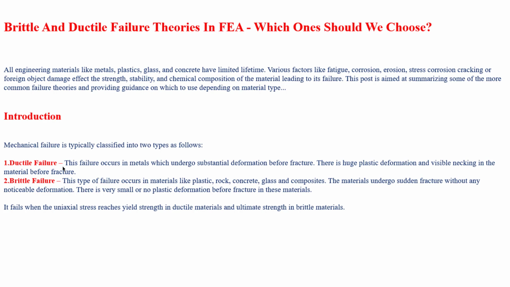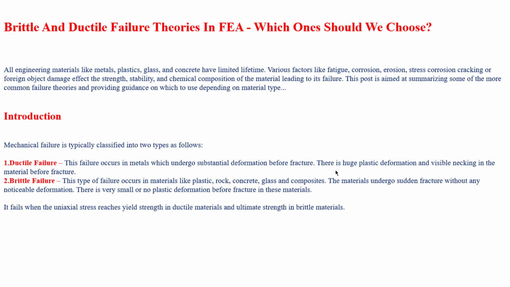So it has some deformation. There is a huge plastic deformation. We have seen the stress-strain curve for the ductile material, and we can even see the necking formation due to the Poisson's ratio before the material failure. This will happen in the ductile failure.